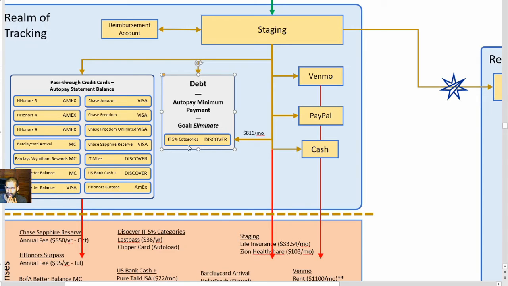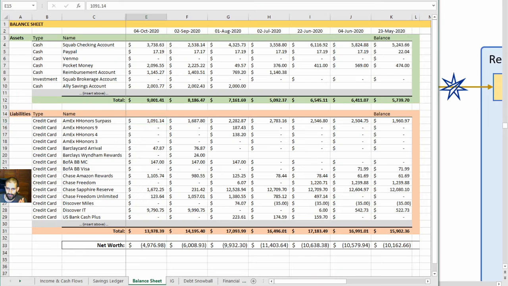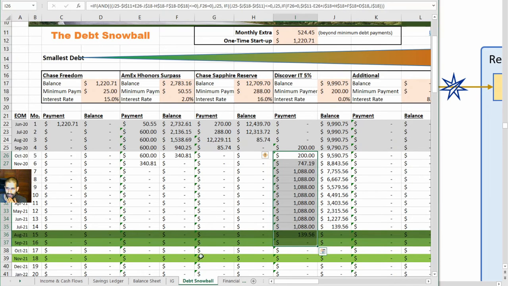I'm going to end this one here and pick up on this in the next video, because I want to wrap up that debt section, and that's going to be one of the last videos in the debt section, because there's nothing else to it, really. We've built the machinery to get out of debt.